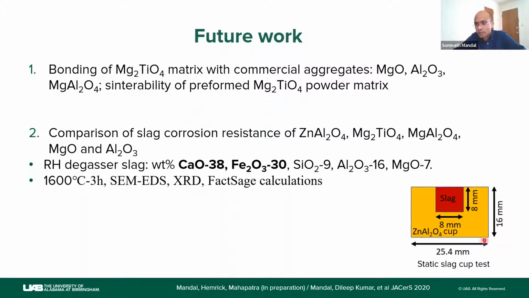Finally, we can make some custom-made cups. We just got our slag cup pressing mold, so we can press a cup made of our different 5 compositions, and then we can put some synthetic slag in it, fire it at 1600 degrees C for 3 hours, and do SEM EDS and XRD, and maybe support those with FactSage thermodynamic calculations to compare the corrosion resistance of zinc aluminate versus magnesium titanate versus spinel.